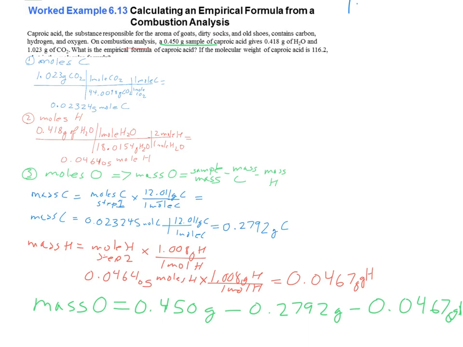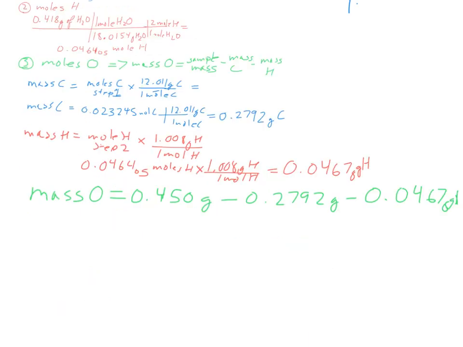And that gives me a mass of oxygen of 0.1241 grams of oxygen in my sample.